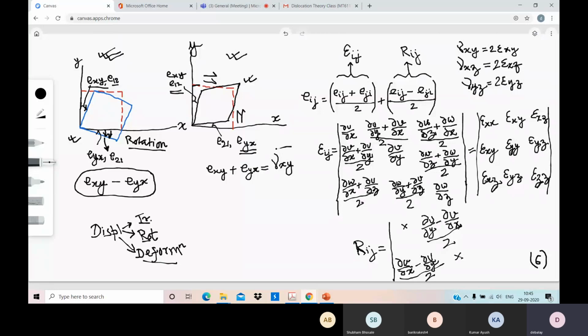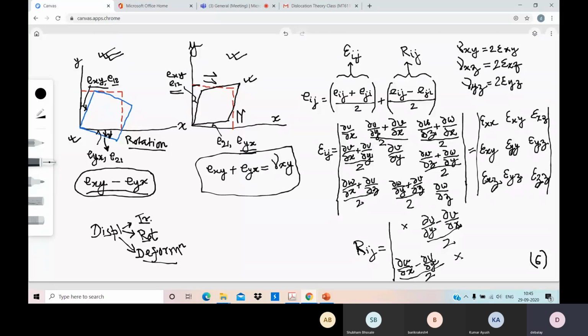So total angular change, which is represented by the gamma term, gamma is used to represent shear strain. So total angular change on the xy plane because of shear is the sum of the two relative displacement components, Exy plus Eyx. Whereas when it was rotation, then the total angular change was minus.